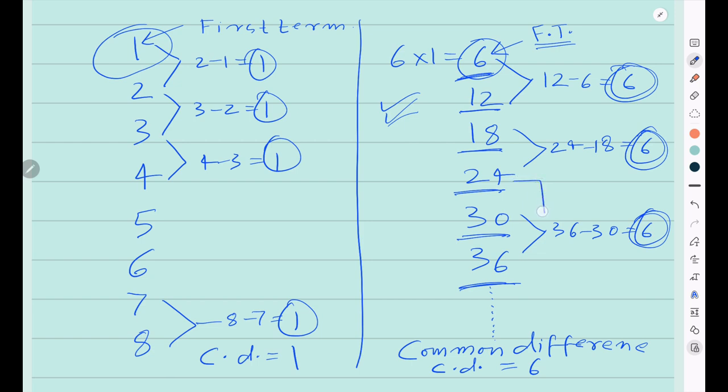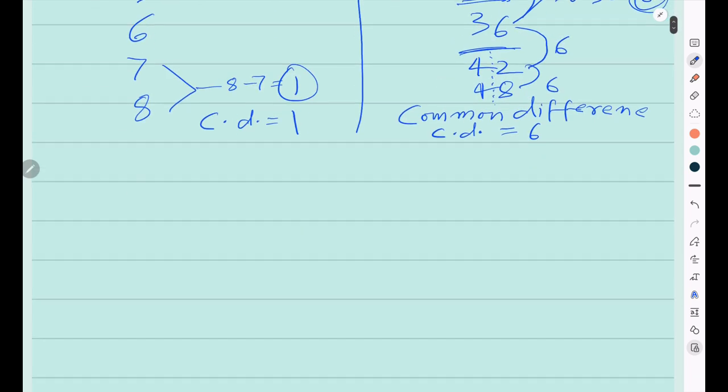So 24 plus 6 gives 30, 30 plus 6 gives us 36, and so on. For example, 36 plus 6 will give us 42, 42 plus 6 will give us 48. So that is arithmetical progression.